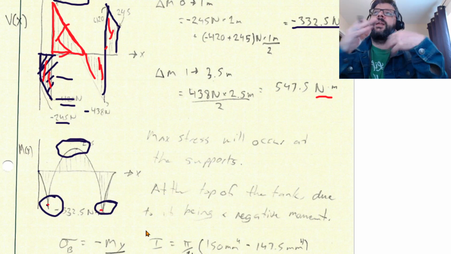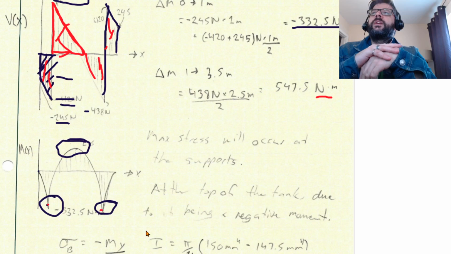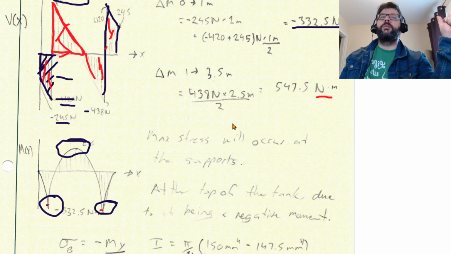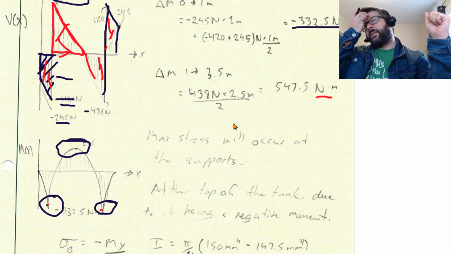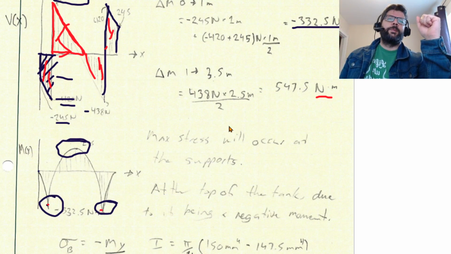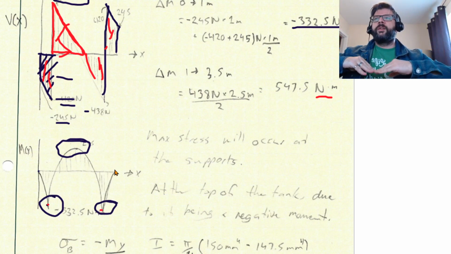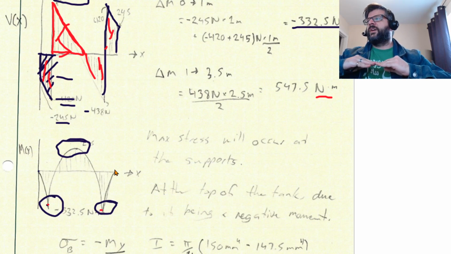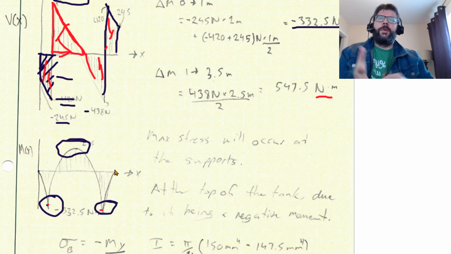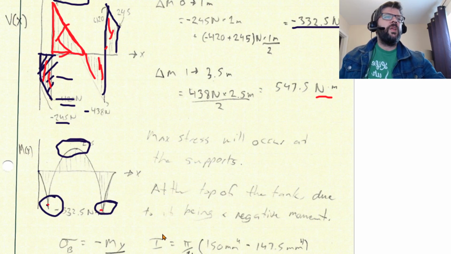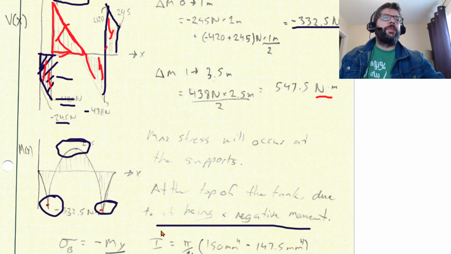So those are going to add together with the tensile stress induced by the bending moment, as opposed to at the bottom, where a compressive bending stress is induced, and that helps cancel out. So we're not worried about that case. We're worried about where things get worse. So yeah, that's at the top of the tank.